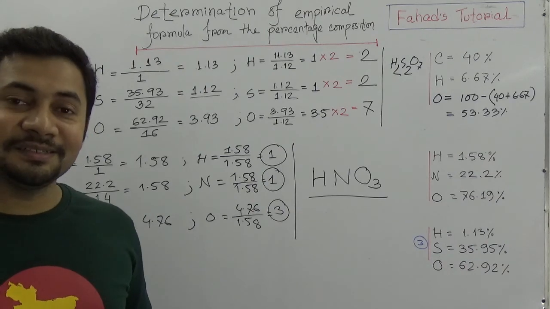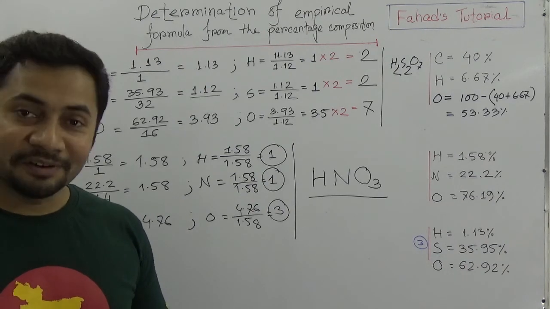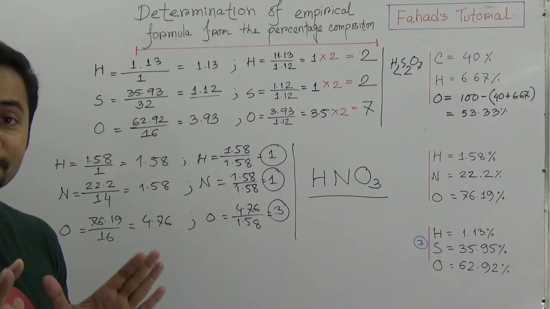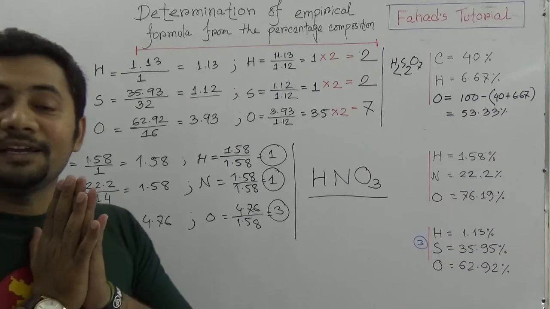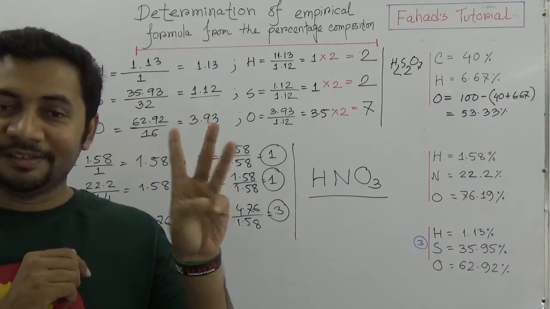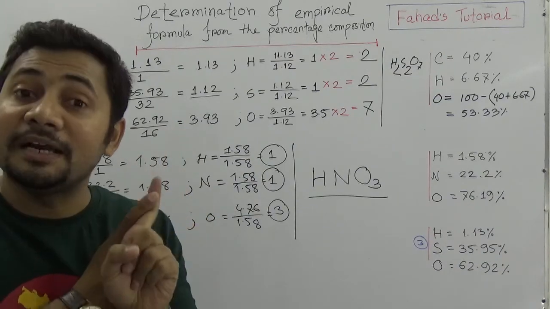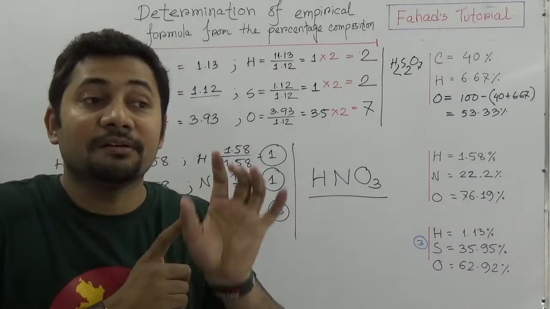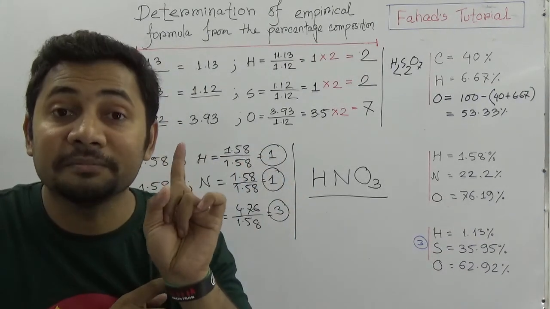And this is the process of determining empirical formulas from percentage compositions. I hope those who are watching this video find this very easy. You just need to remember at least three things. Number one, you have to divide the percentage composition by the corresponding atomic mass.